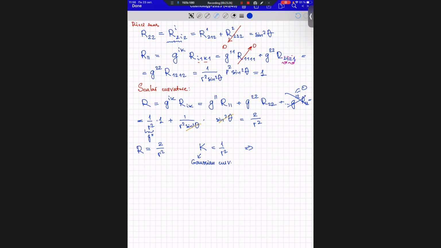There is such an object as Gaussian curvature, and maybe you met it in analytical geometry when you studied surfaces like this. What is important is that now we can write that the Gaussian curvature is the scalar curvature divided by 2, for this kind of surface.